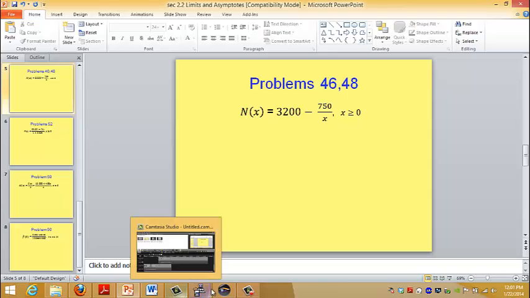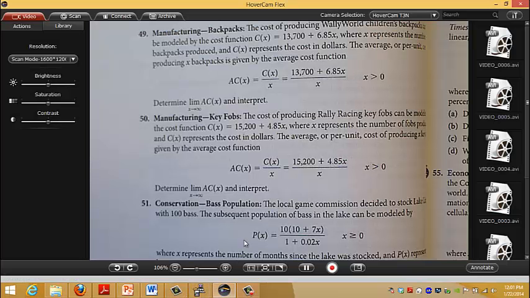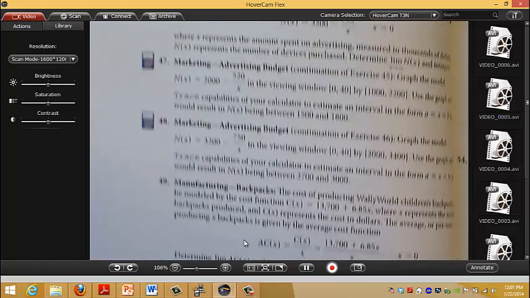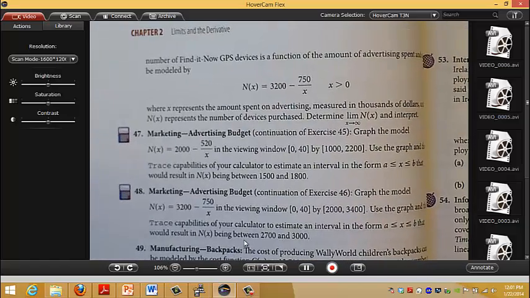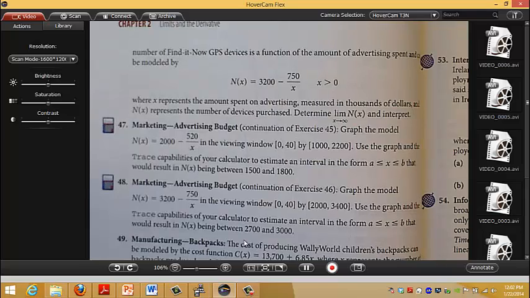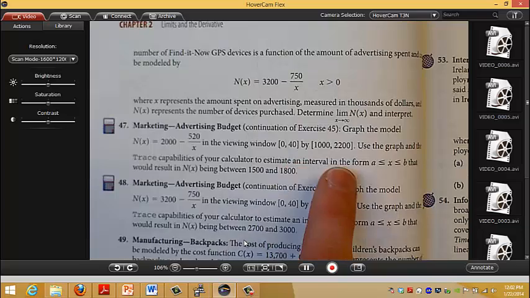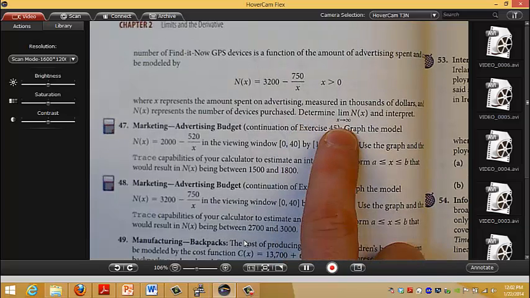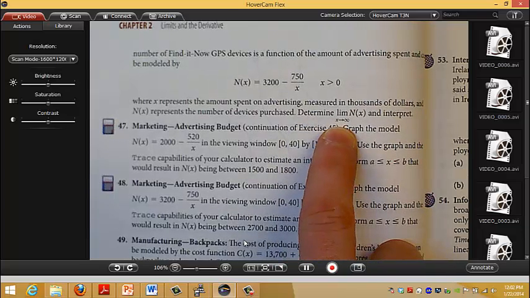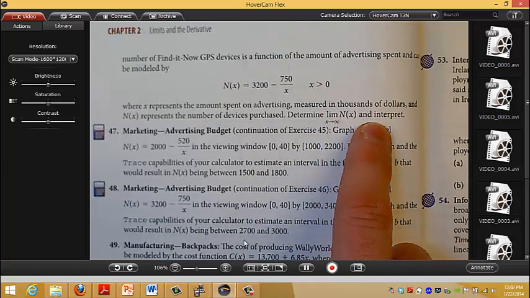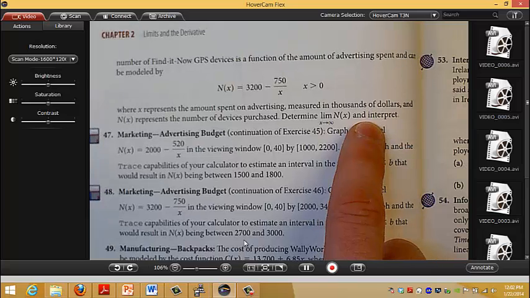So let's go ahead and look at the actual page. Problems 46 and 48 are up here at the top. And in problem 46, again, don't read the whole thing. Go right to what it's asking. Determine the limit as x goes to infinity of this function n of x, and interpret. That's my job.